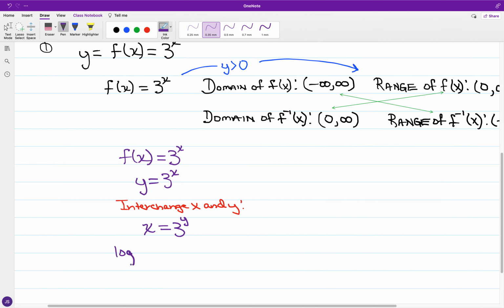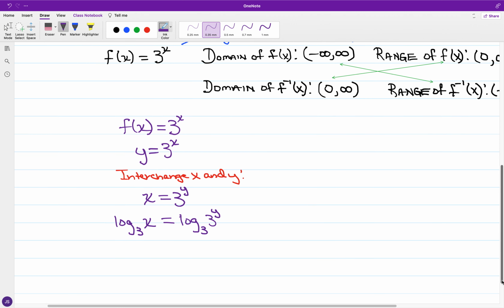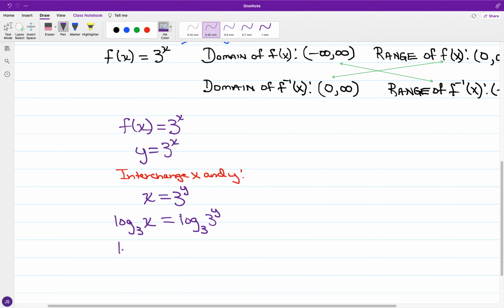So if we take logarithms in base 3 and apply it to both sides, you have the base 3 logarithm of x is equal to the base 3 logarithm of 3 to the y. So I have the base 3 logarithm of x is equal to y.